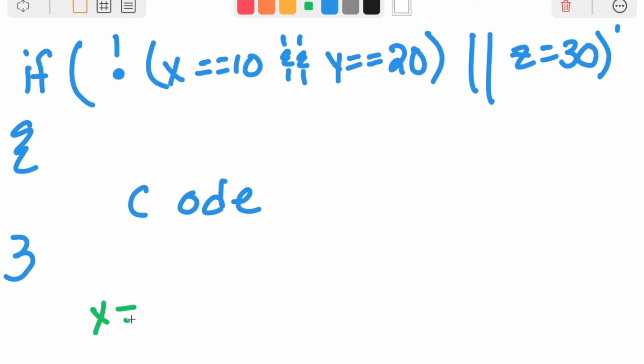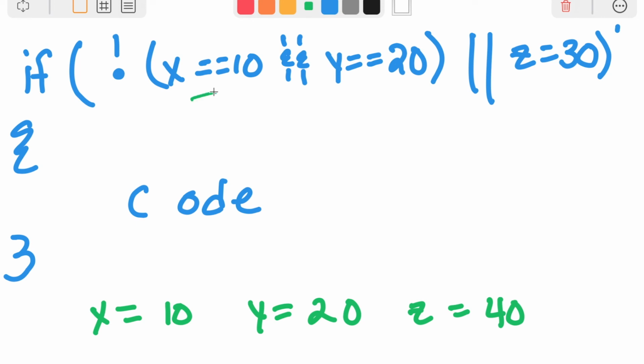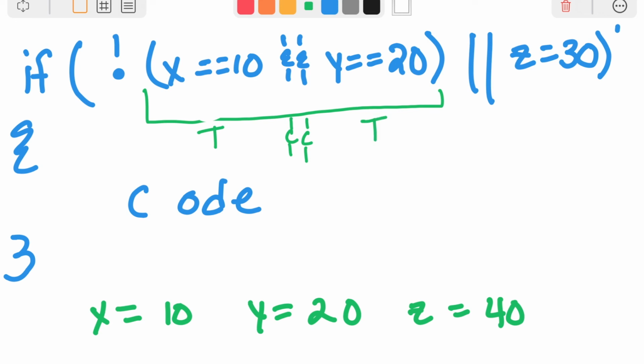Just write some values: x equals 10, y equals 20, z equals 40. So let's just go through this real quick. So x equals 10, this is true, because you're going to do this parentheses first. So x equals 10, that's true, and y equals 20, which is true. Now it's going to bring this statement to be true.